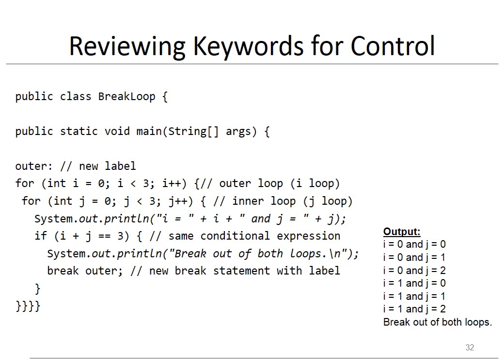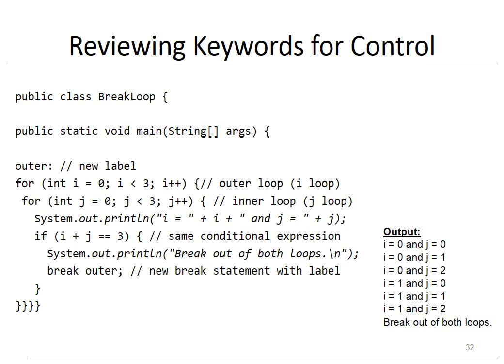Both the break and continue keywords can be combined with a label in order to control the flow even more directly. Here, you can see an example of this. We have two nested for loops. A label is defined by a name followed by a colon. Here, we defined a label outer corresponding to the outer for loop.